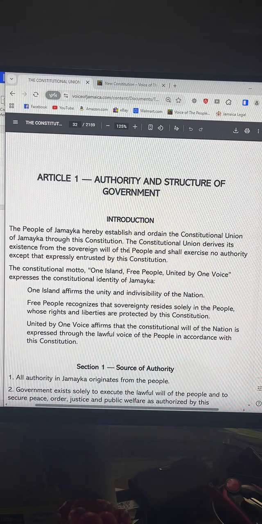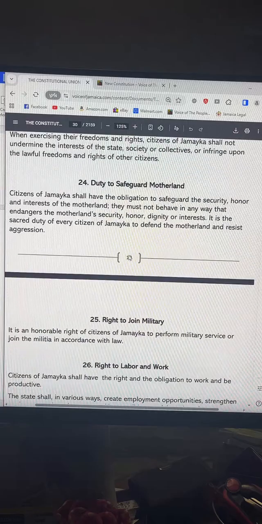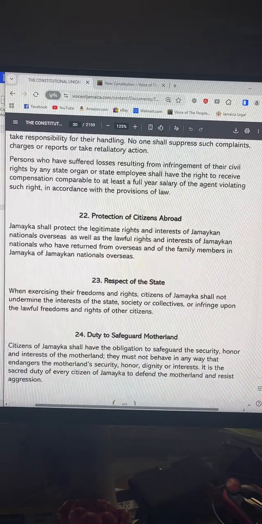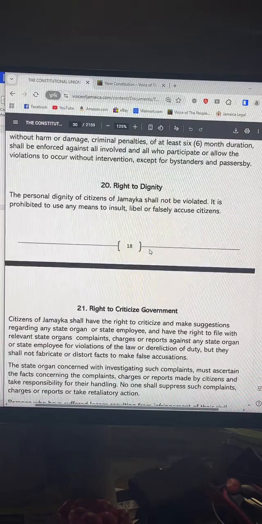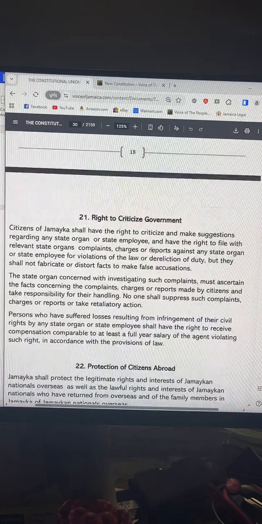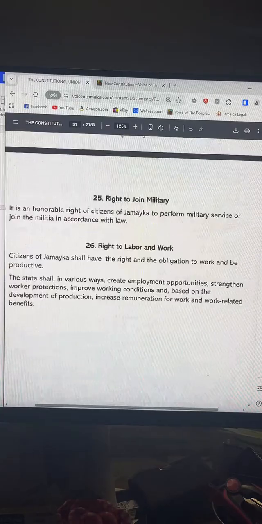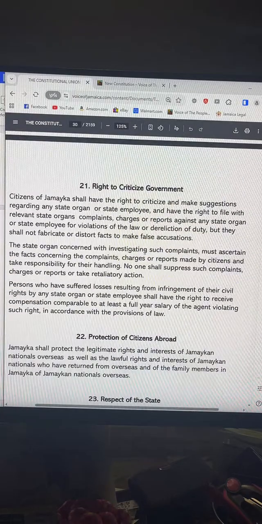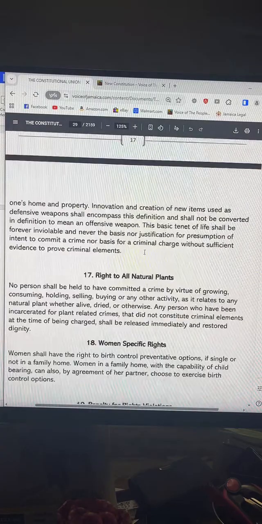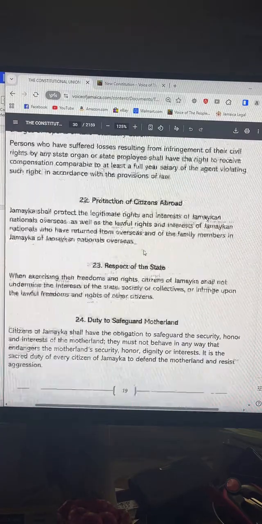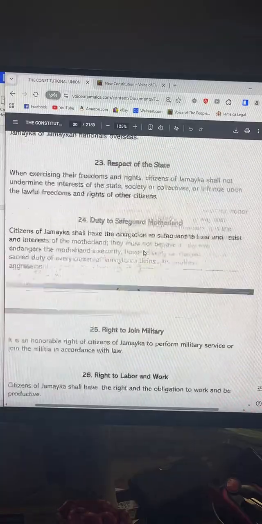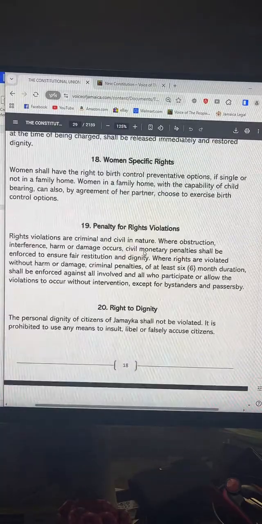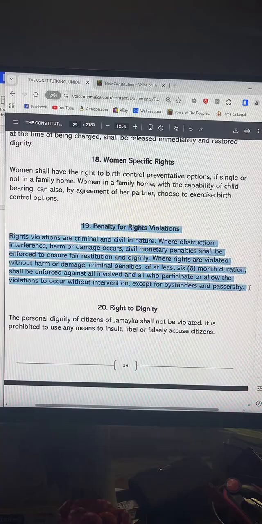So, what is the point of listing all of these rights? What is the difference between this and the Charter of Rights in the current Constitution? Well, the first big difference is we now have a direct line of penalty for anyone who violates our rights.